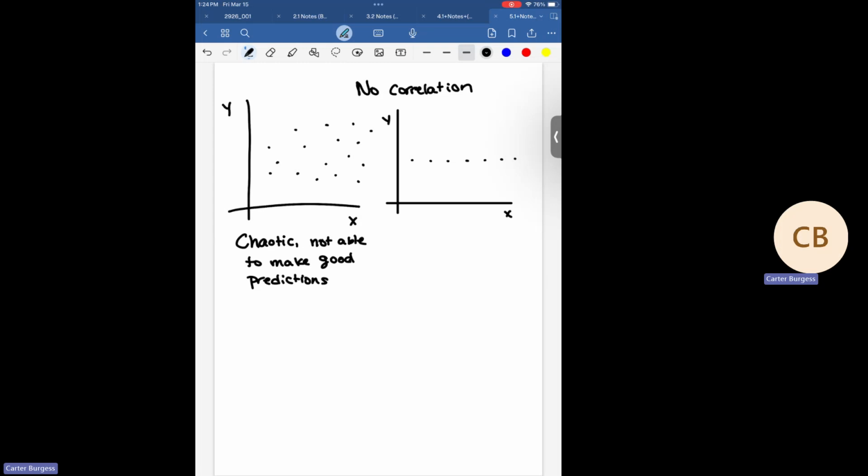Where, for instance, if I gave you that we got a relatively large value of x, what would you predict about the value of y? Stay the same, fairly large, but y is not changing. Would we be able to make predictions about what y should be given a value of x? Yeah, if we knew what this y value was, then absolutely we could make predictions.